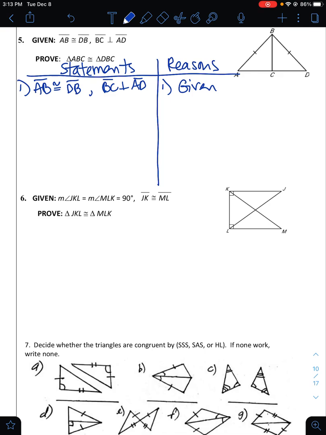And then looks like AB and DB are marked already. BC is perpendicular to AD. So I'm going to add the right angle there.